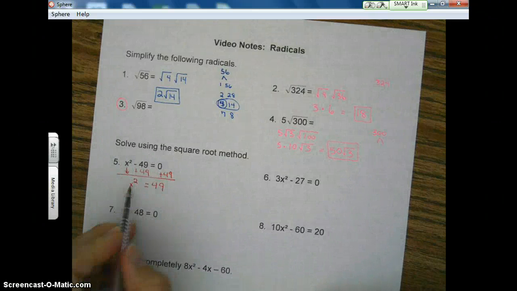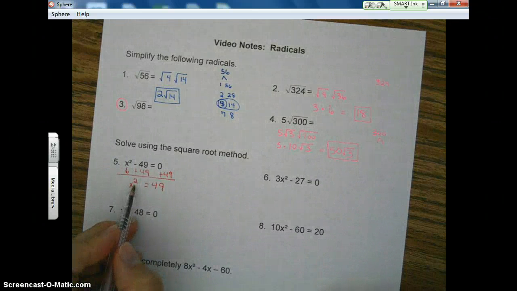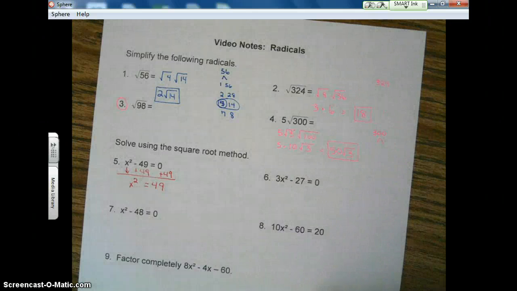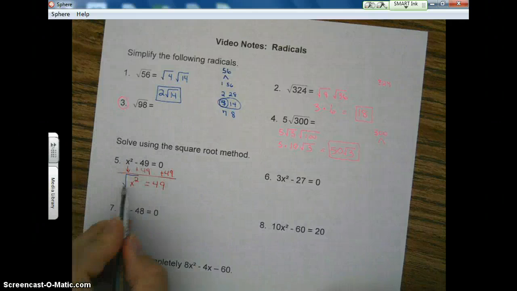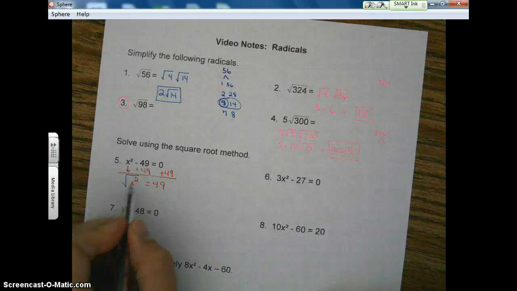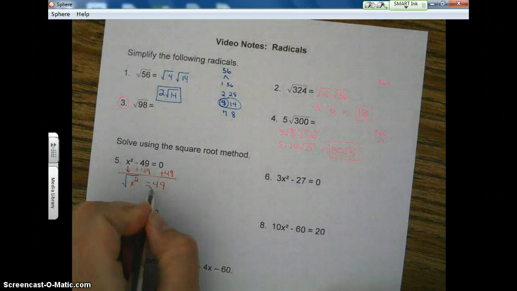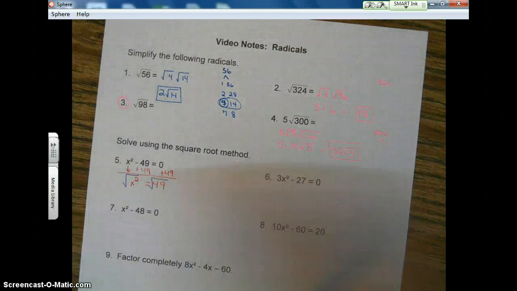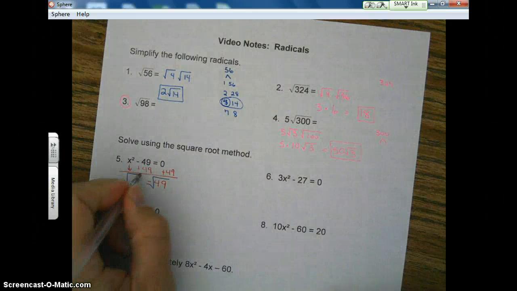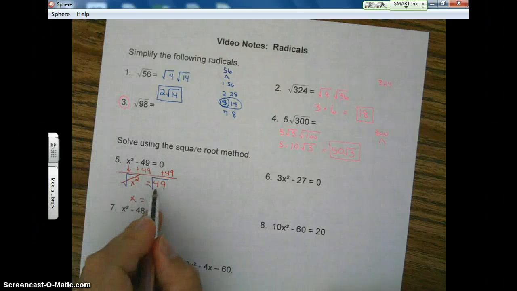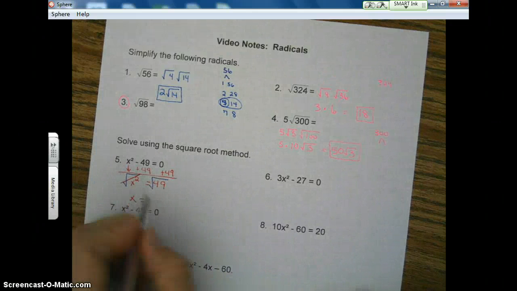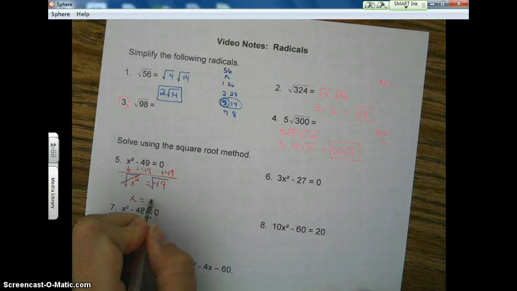Okay, and then to cancel out a square, we're going to square root. The square root and the square inverses, they cancel each other out. So if I take the square root of this side, I have to take the square root of this side. So those cancel, we get x equals, and then the square root of 49 is going to be a positive 7 and a negative 7.